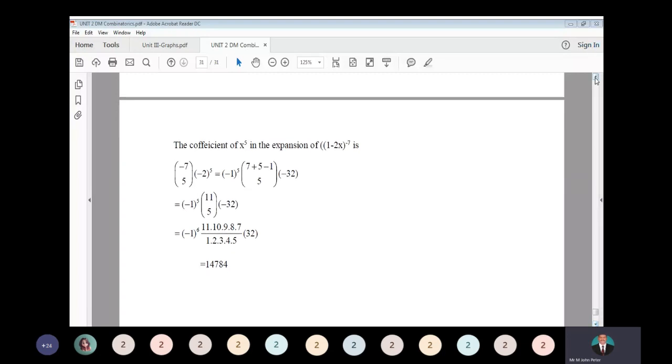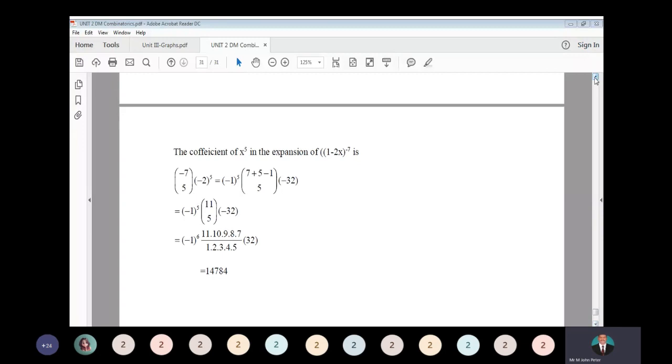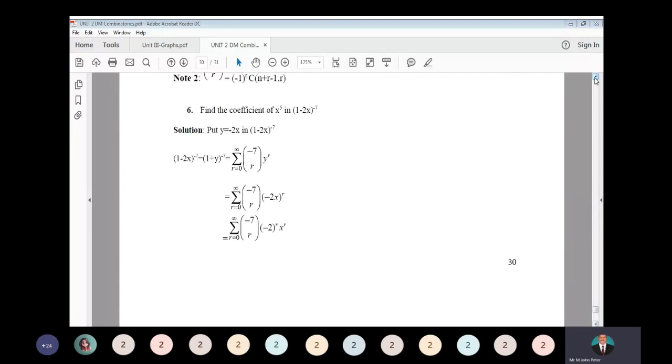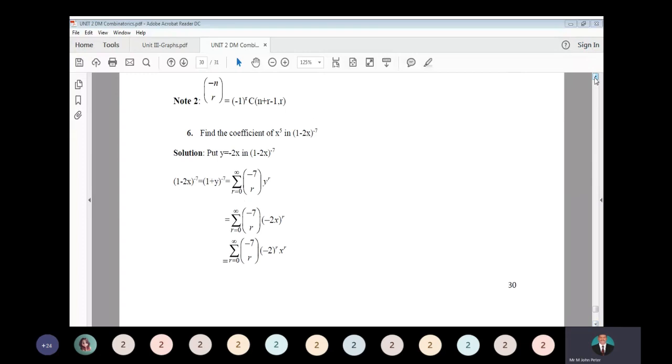Okay, so here in the minus 7 C 5, we use the concept of minus 1 power r C of n plus r minus 1 comma r. Okay, this formula they have used in that place. Minus n C r is equal to minus 1 power r C of n plus r minus 1 comma r. So here minus 7, r equal to 5.